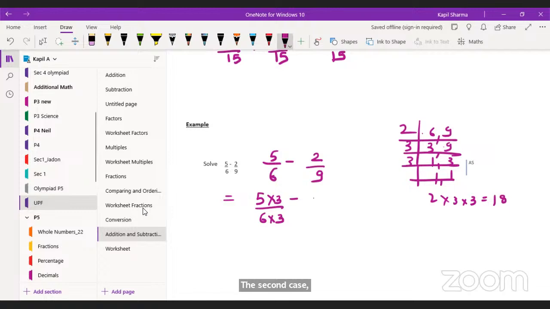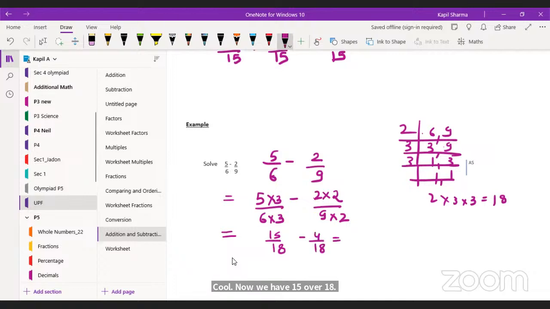So that means 9 has to be multiplied by 2. So we'll also multiply the numerator by 2. Okay. So now we have 15 over 18 minus 4 over 18, which is equal to 11 over.